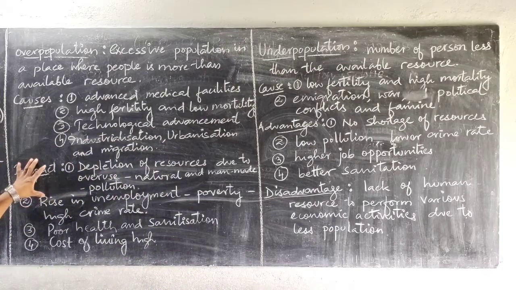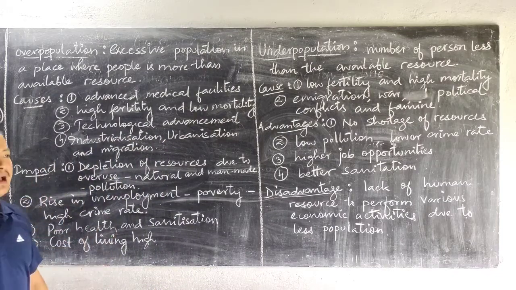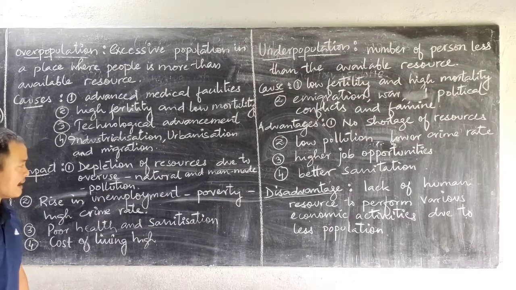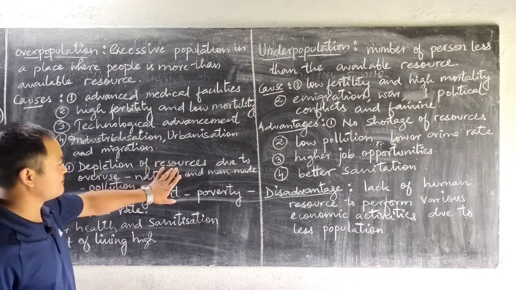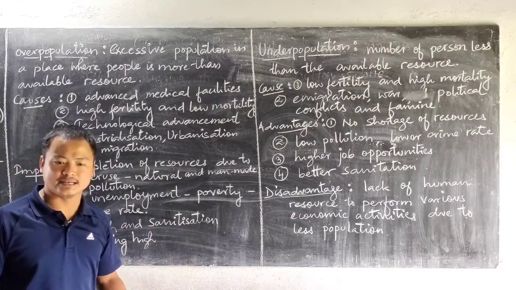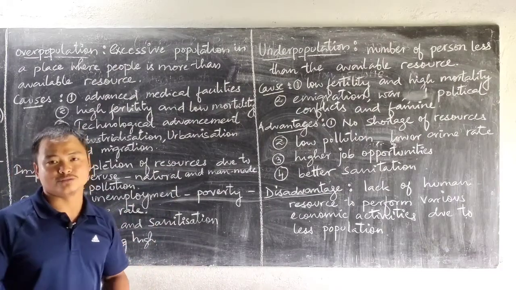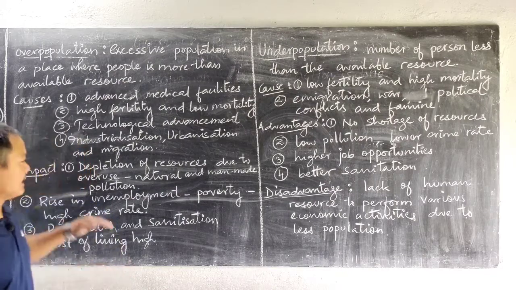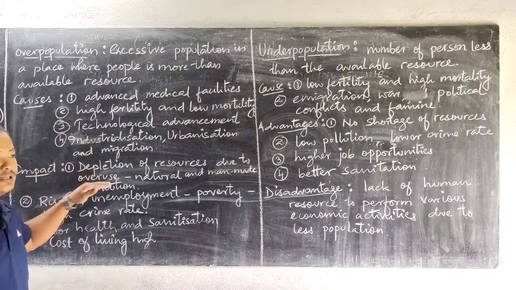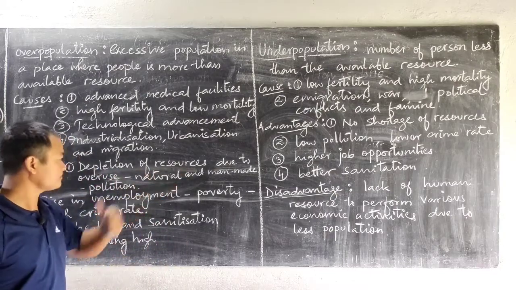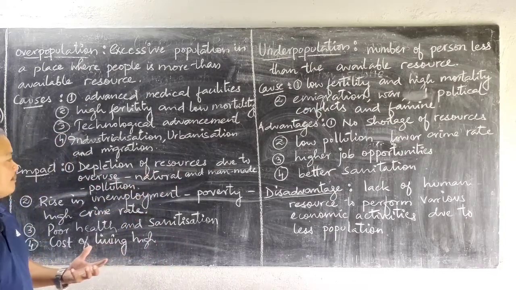What is the impact? There is a great impact of overpopulation in one particular place. First, the impact on resources, whose availability is already less because of the overpopulated region. Again, that large population uses the resources in excess, leading to their depletion.